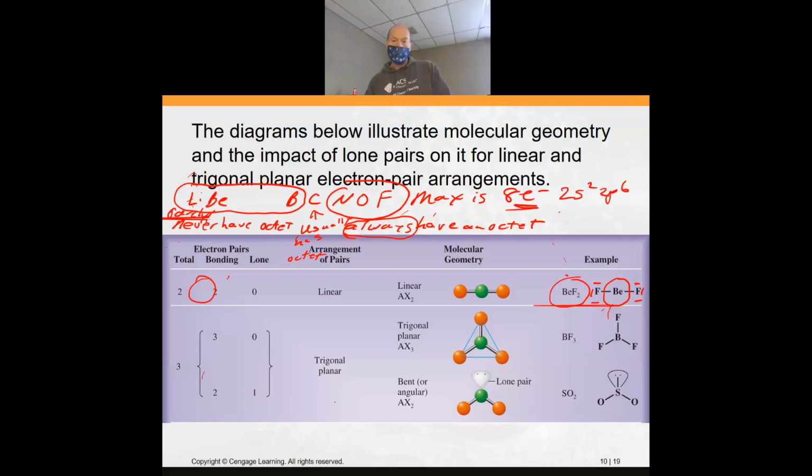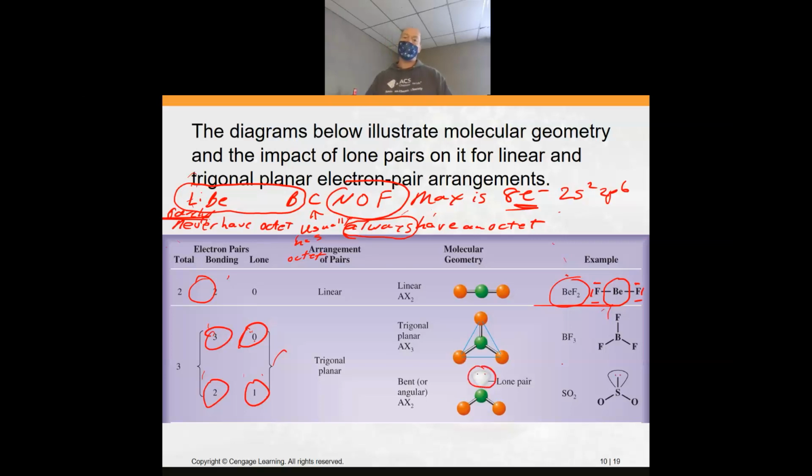All right, so when you do your trigonal planar, this is the number of bonding directions. When it's 3 and you have 0 lone pair directions, then you simply have trigonal planar. But when you have 2 of them that are bonding and 1 that is a lone pair, that means you can't see this lone pair when you're looking at it.